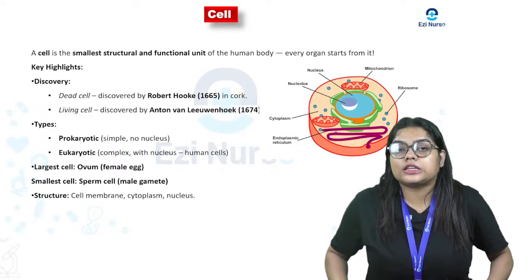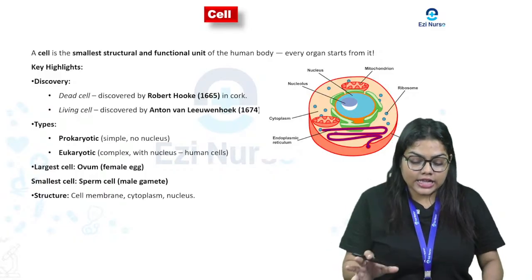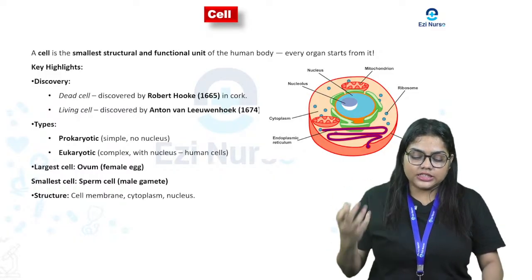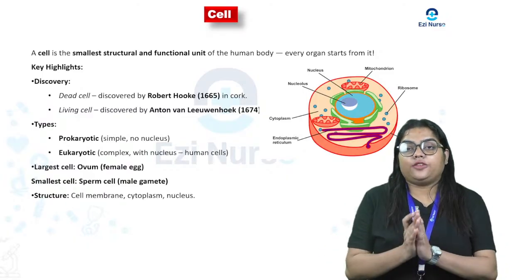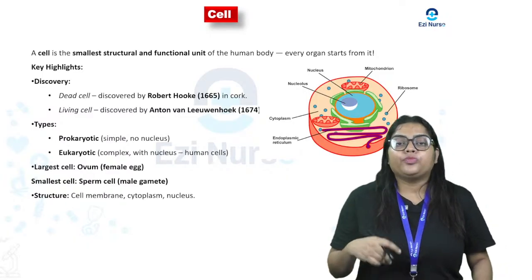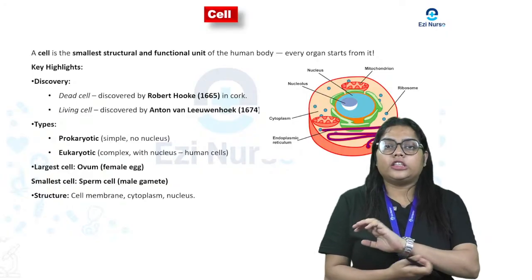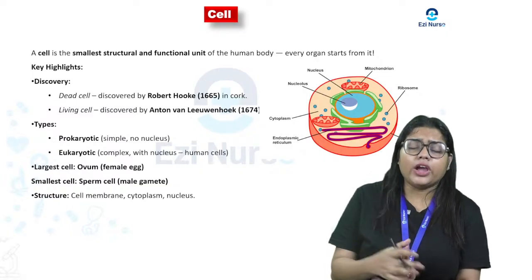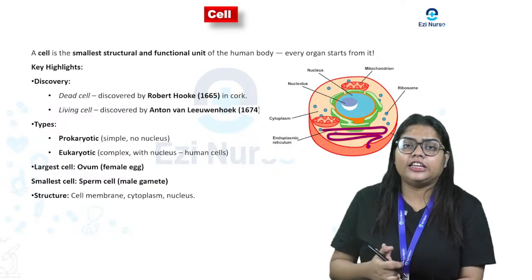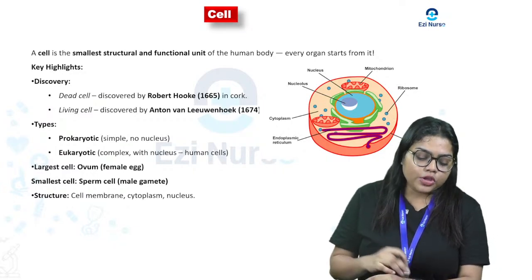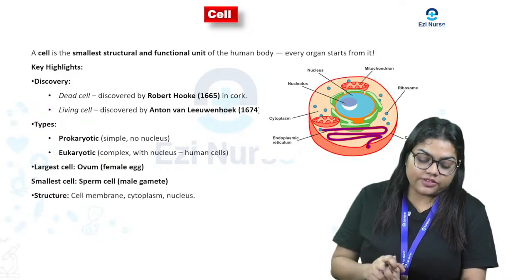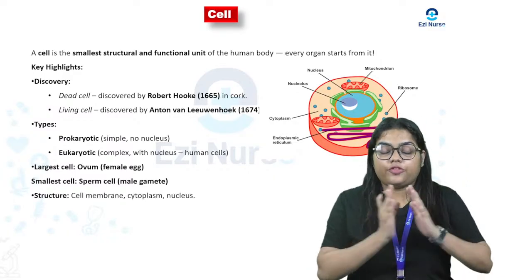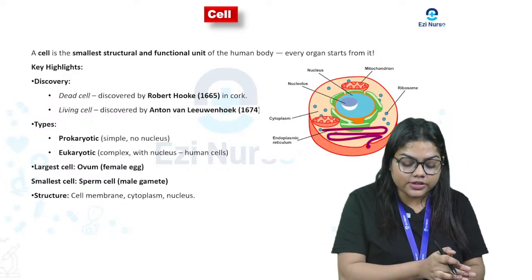The first cell was discovered by Robert Hooke in 1665 in cork. You have seen a cork in the bottle, right? Wine bottles or any type of liquor. So in the cork, Robert Hooke discovered dead cells. Try to remember it: the first discovered cells were dead cells.